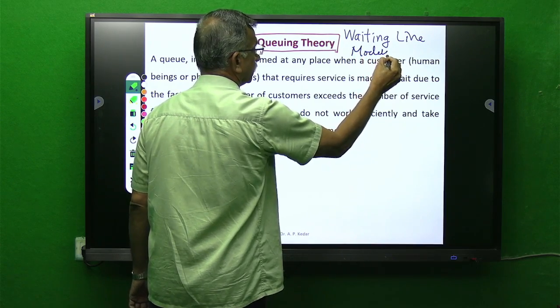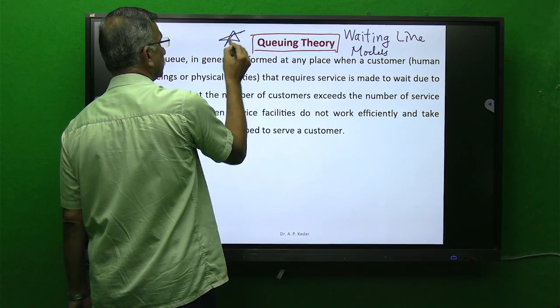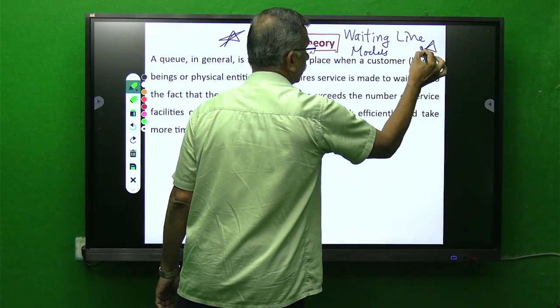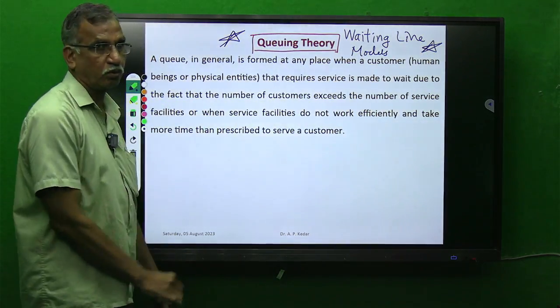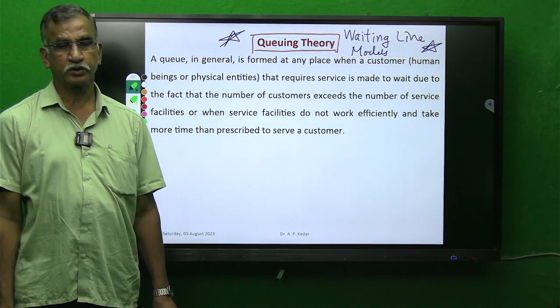And students, this is the widely used tool of operations research in case of decision making.